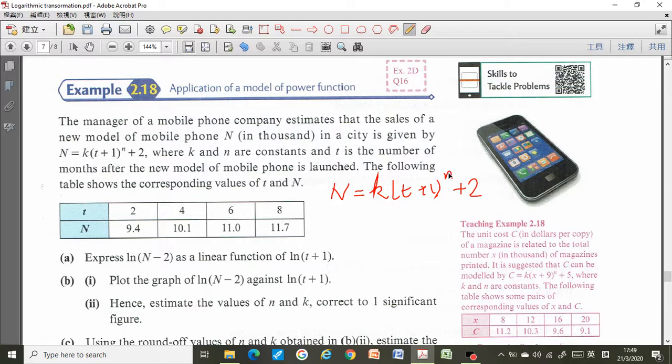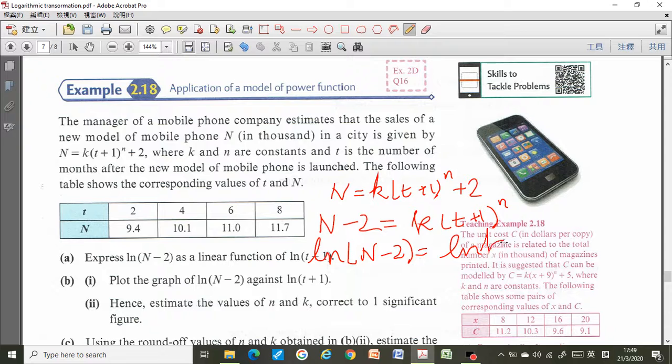K and n are constants, so you want to find them out. But you have an expression on the right hand side that is not a product, so you first put the 2 to the left hand side. So you get N minus 2 is equal to k times (t plus 1) to the power n. And taking the natural log on both sides, you will get log (N minus 2) equal to log k plus log of (t plus 1) to the power n.